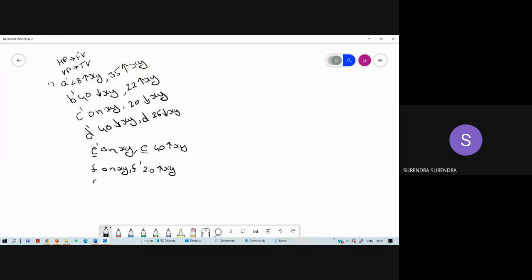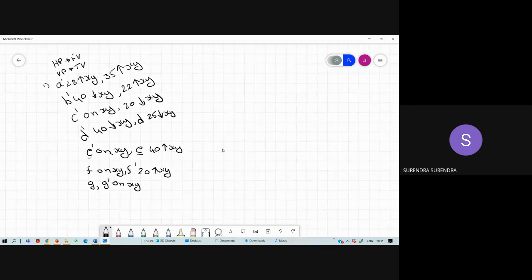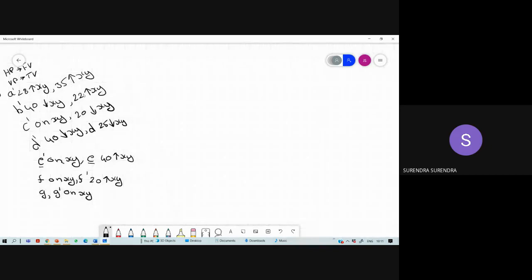So G comma G dash, both are on XY line, overlapping position. So what you have to do is, no need to write all these on the drawing sheet. Just it is our calculation part. Write it in a rough work or in your notes. No need to indicate this or everything on the drawing sheet.